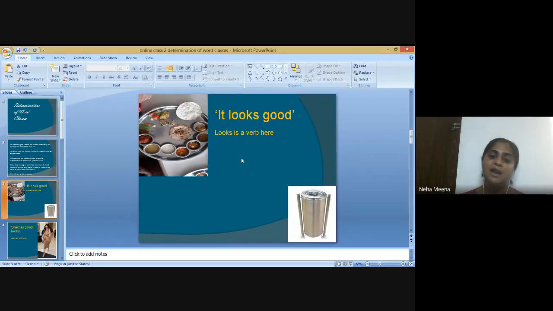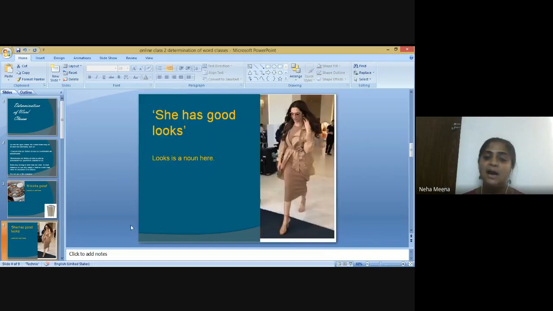Similarly, looks here is a verb, and in another slide looks refers to the physical features of a person. So in the sentence "she has good looks", looks becomes a noun. It is not acting as a verb like the previous one.